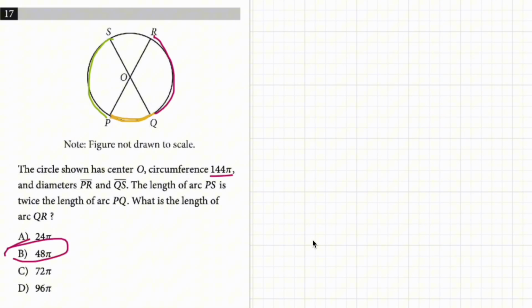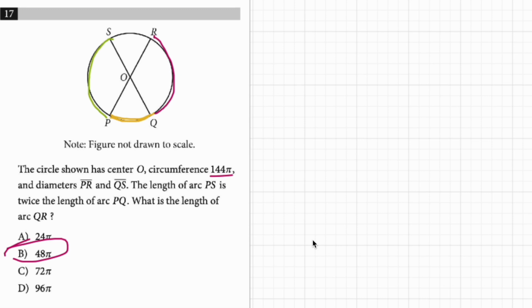And I've got news for you. It is. Again, I can't guarantee it's going to work out, but so far, on pretty much all these questions, even if it's not perfectly drawn to scale, you can use visual estimation to get rid of some of the wrong answers, if not find the right one. And it works out here.